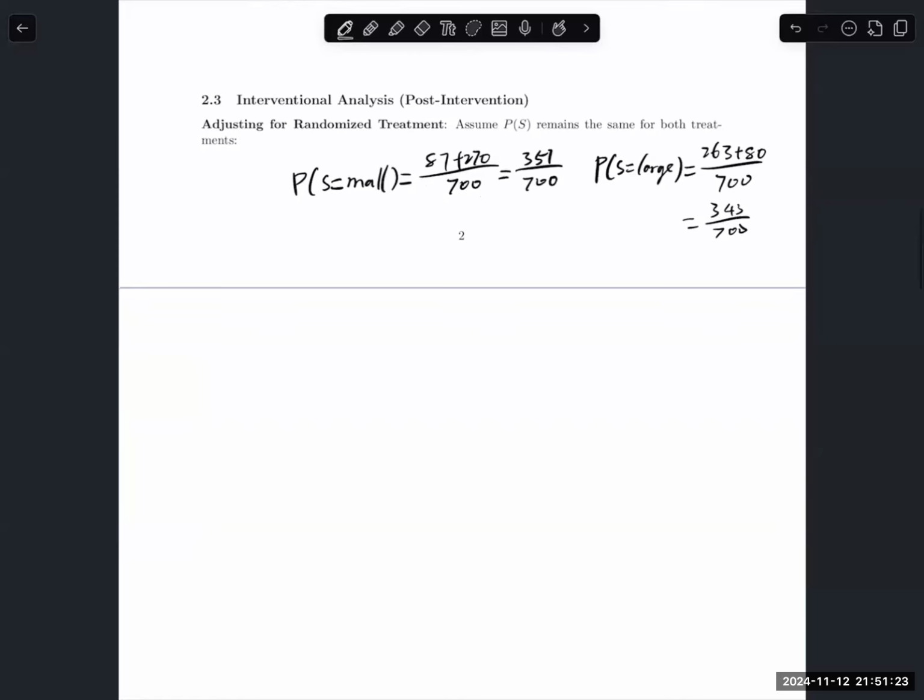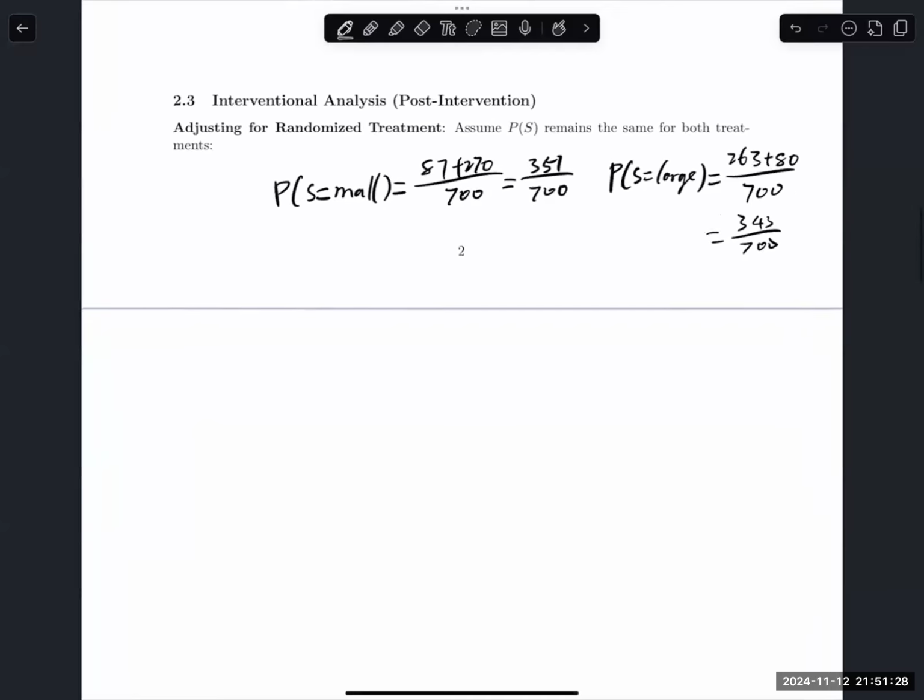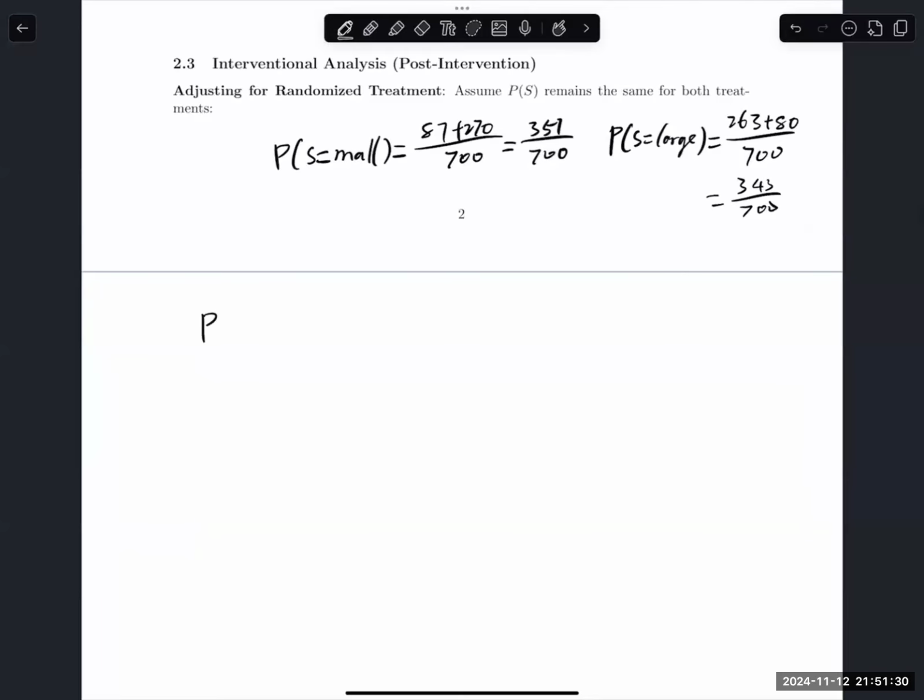Now let's calculate the recovery probability for each treatment after the adjustment. We have the probability of recovery under the intervention on the treatment, treatment A. We use the same decomposition as we did before.